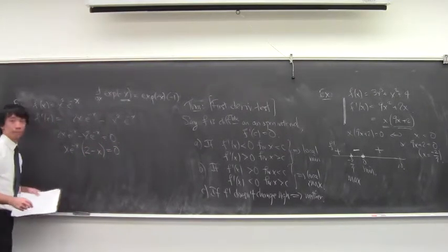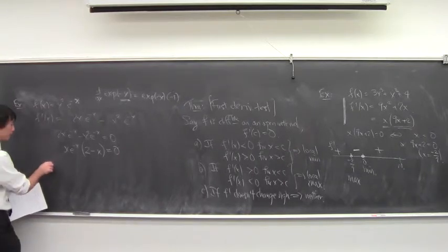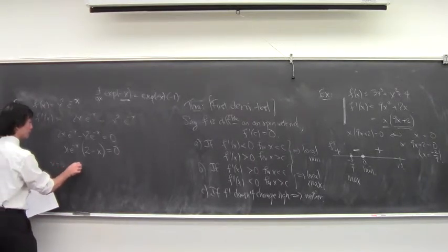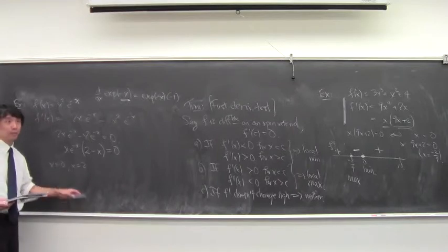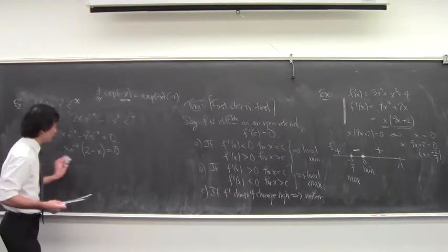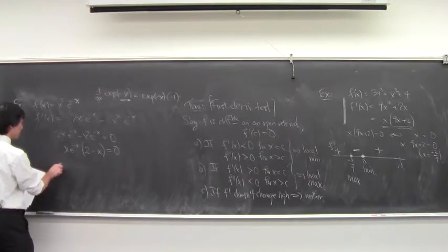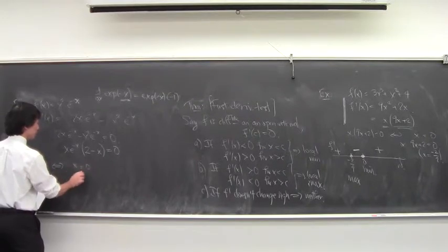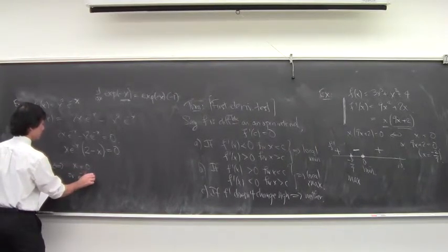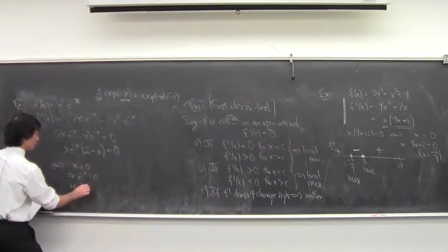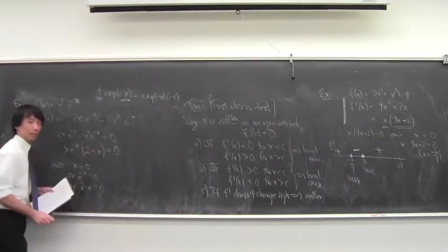Great. That gives x equals 0 and x equals 2, because you use the zero product property: this is equal to 0 if and only if either this is 0 or this is 0 or this is 0.